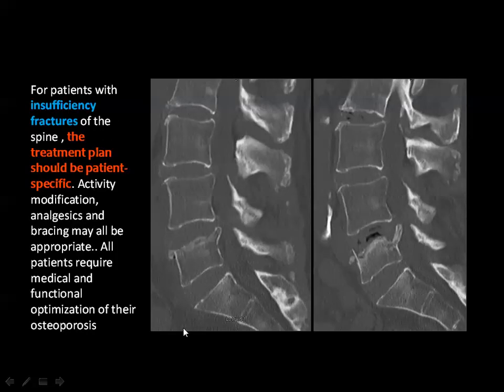Then these fractures may be called the insufficiency fractures of the spine, and this is the appearance of the vertebral fracture, and after some time you get more vertebral collapse, more depression in the vertebral end plates.